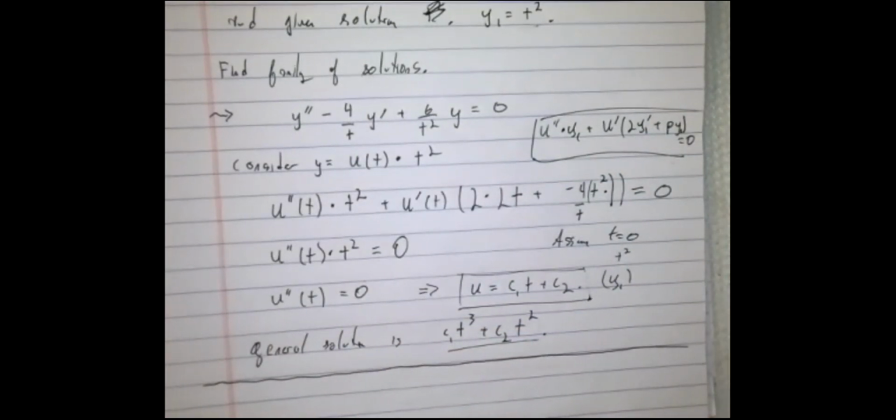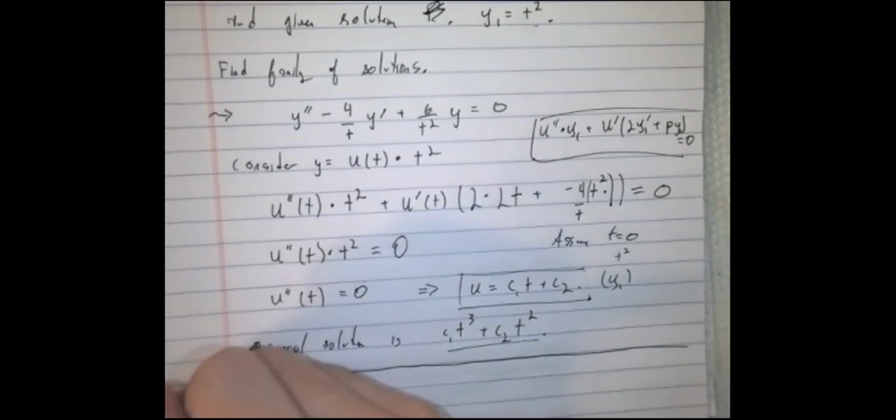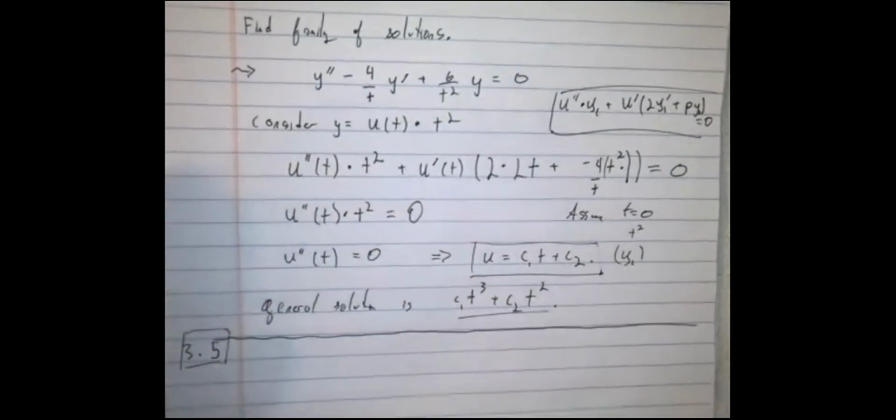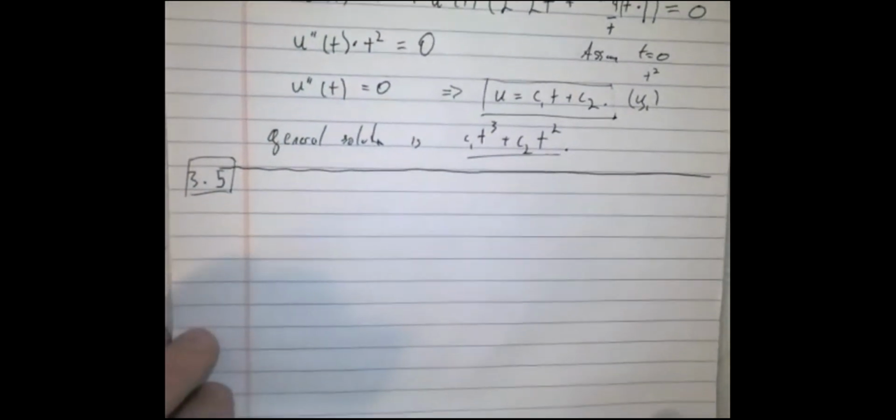Okay, so now let's begin into 3.5. So section 3.5 represents a kind of interesting and important jump. We've now been in chapter 3 for a whole week. We've been discussing nothing but second order linear homogeneous differential equations, most of them just with constant coefficients.